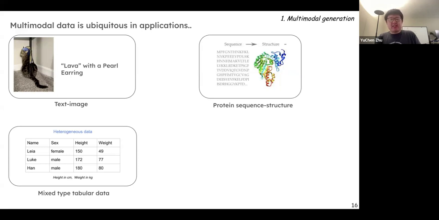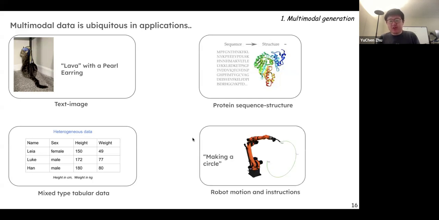This mixed type tabular data means that our data does not contain only one type of thing, like only numerical values, but also categorical values such as gender. Treating mixed type tabular data is something people do a lot in real life. And finally, there are also robotics applications where the modality you work with is natural language instructions together with the motion you want the robot to generate, which is typically characterized using manifolds.